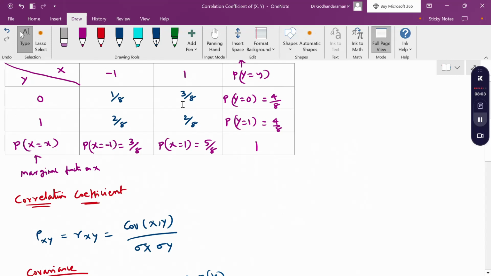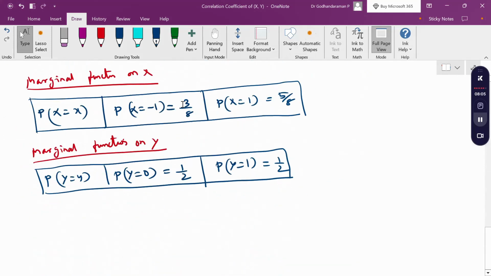So let us calculate one by one. First of all, the marginal function of X and of Y is over. Now to find the mean of X, E of X is the summation of X times P of X, where X ranges from -1 to 1.